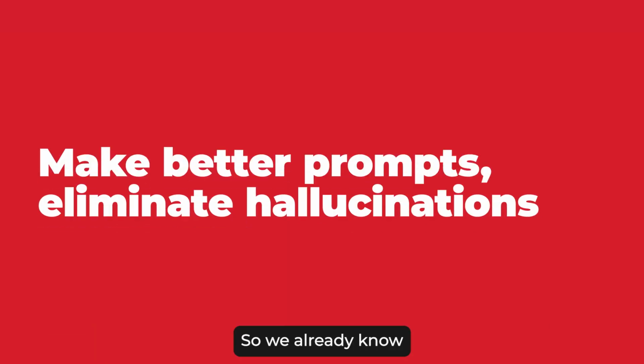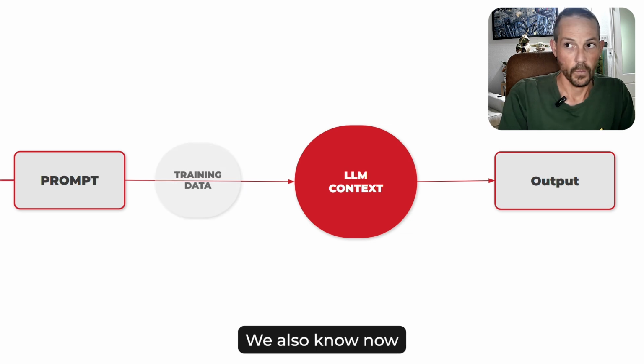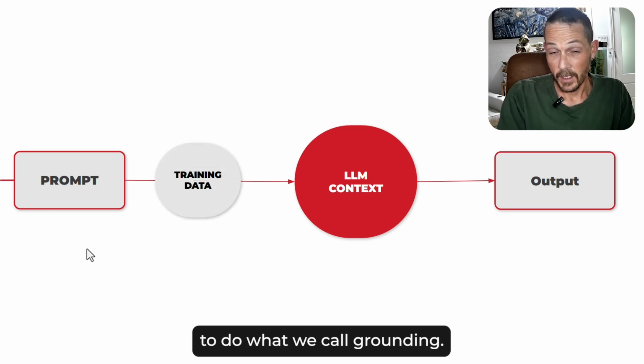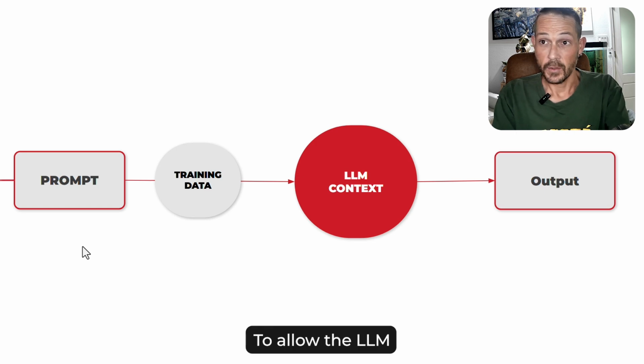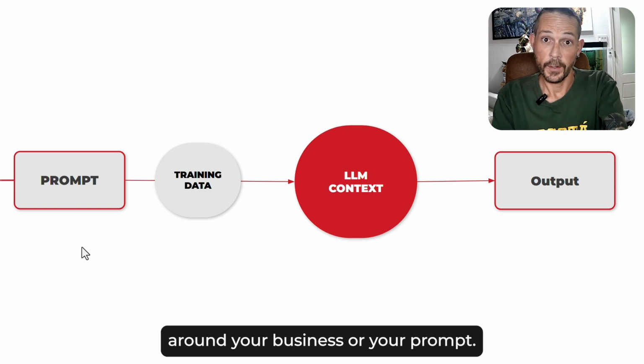Ready? So we already know we can give a prompt to the LLM and we can get an output, right? We also know now we can add our own training data to do what we call grounding, to allow the LLM to have specific content and context around your business or your prompt. Great.